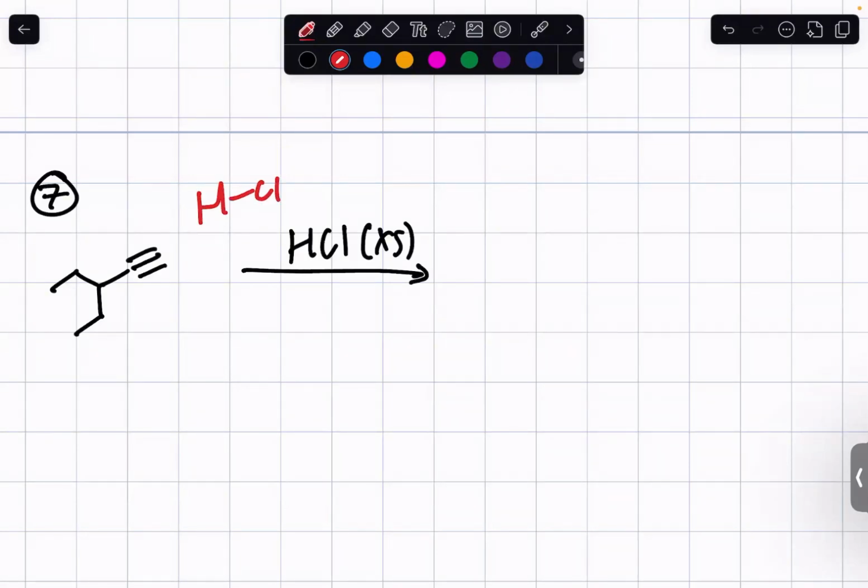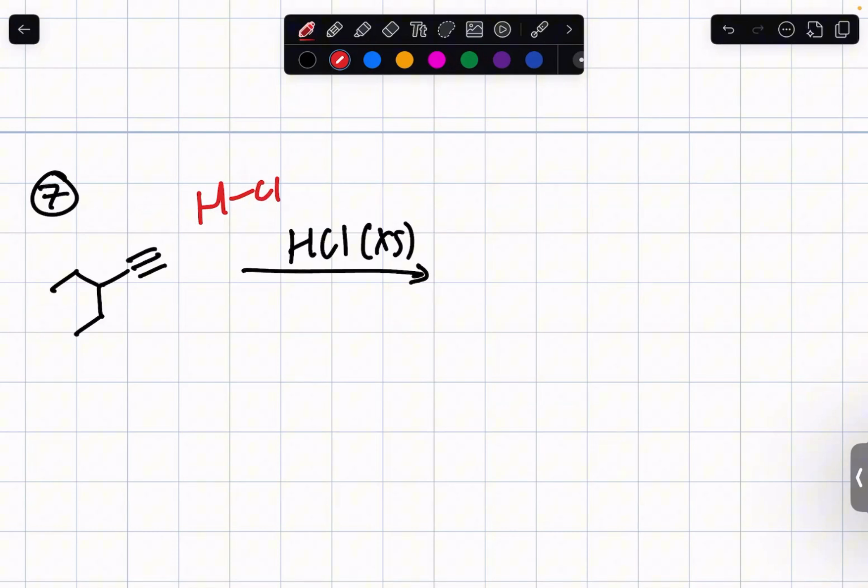Go over spectroscopy. Okay. Yes. Okay. Let's speed run this and then we can move on to spectroscopy and synthesis.